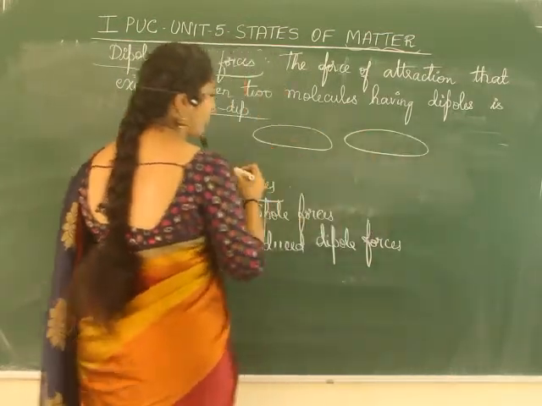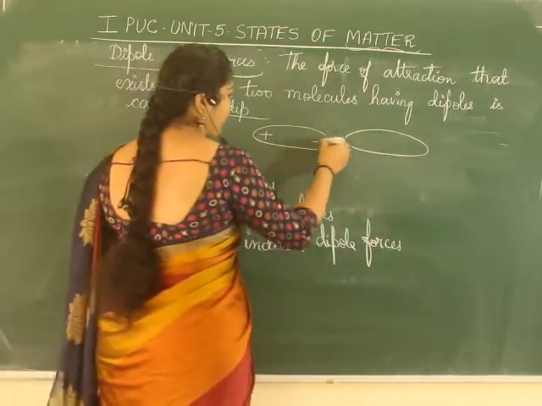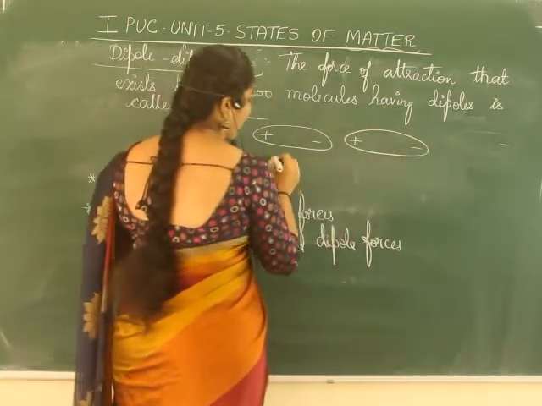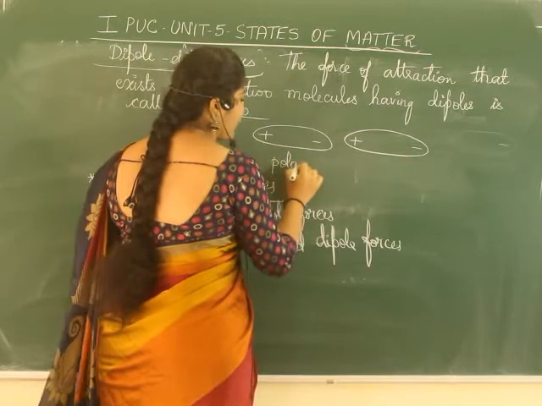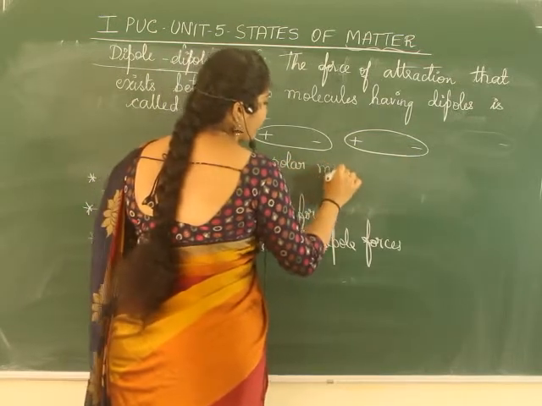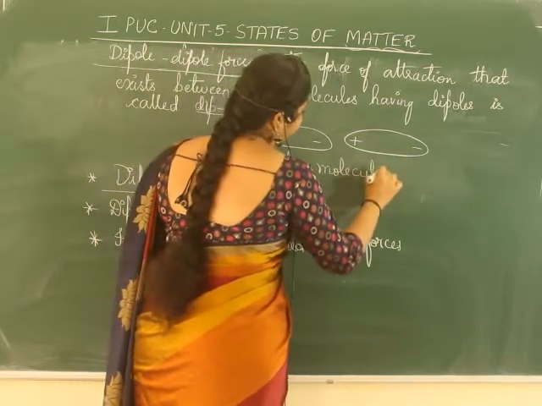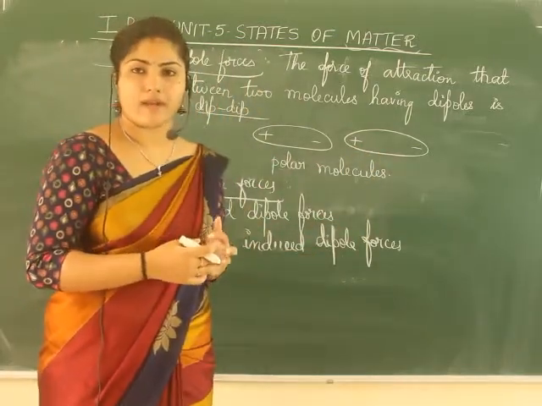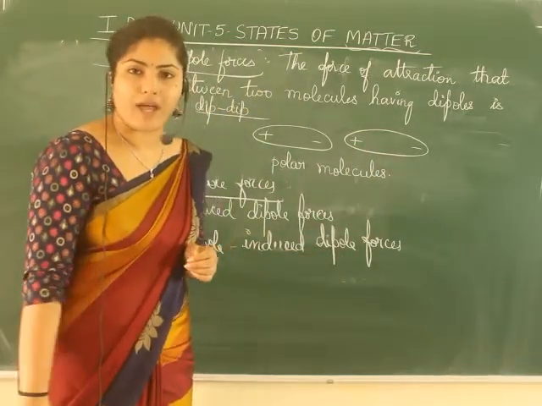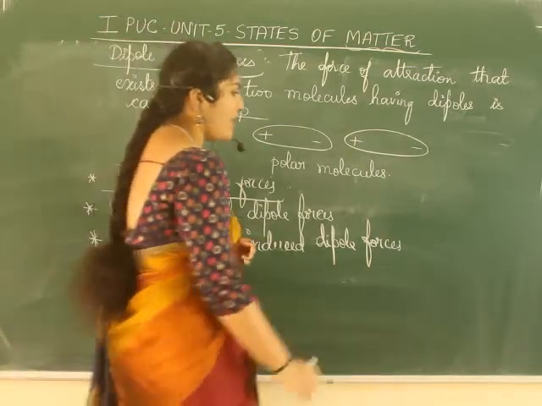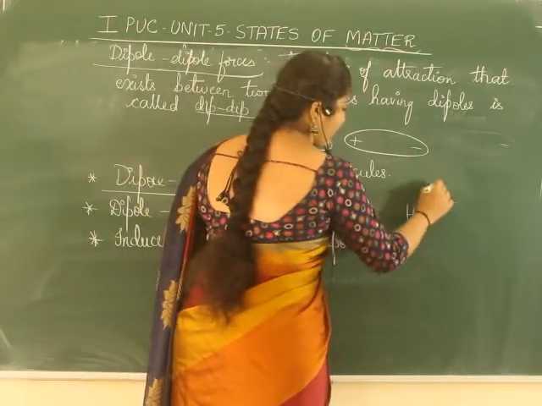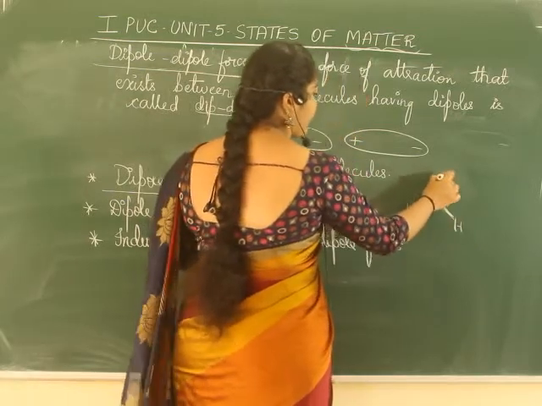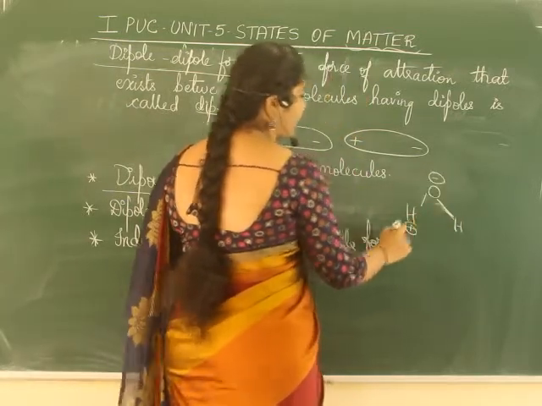Just write a representation of it, plus minus. This is one dipole, this is one more dipole. So we call these molecules polar molecules. Polar molecules means having one positive end and one negative end. Now water is called a polar solvent. Why is it called polar? See, in water, H2O, here we have a negative end, we have a positive end.